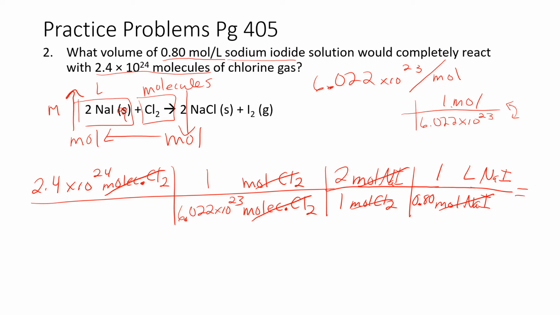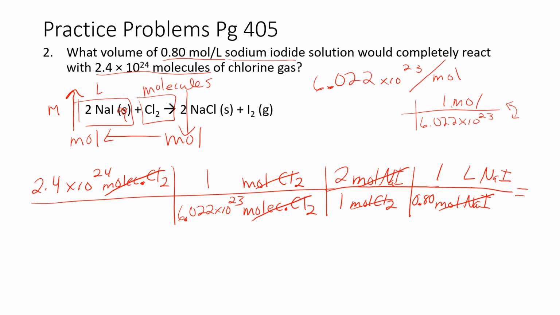So we're going to do 2.4 times 10 to the 24th. Remember that we want to use that E button on our calculator for our times 10 to the power. We're going to multiply by 2 and then divide by Avogadro's number and divide by 0.8.